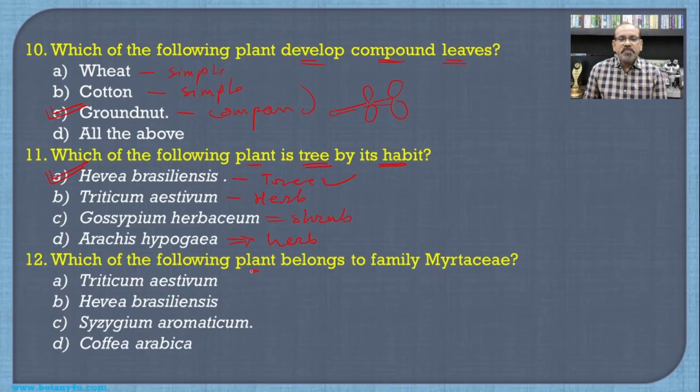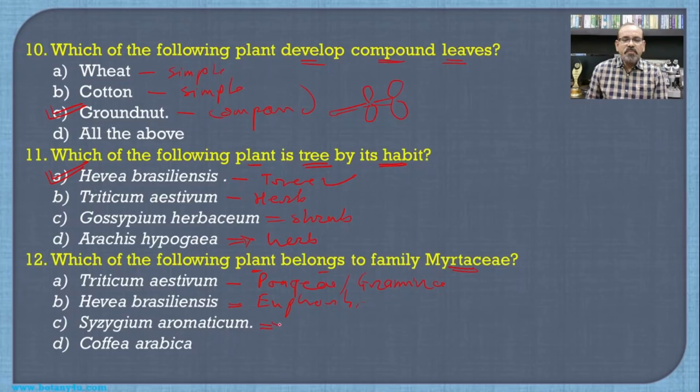Then which one of the following plants belongs to family Myrtaceae? Triticum aestivum, that is the family Poaceae, or it is also known as the Gramineae. Then Hevea brasiliensis, that is the rubber plant, which belongs to the family Euphorbiaceae.